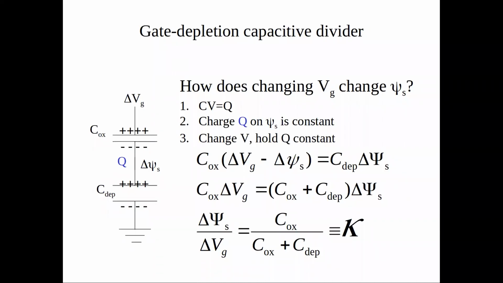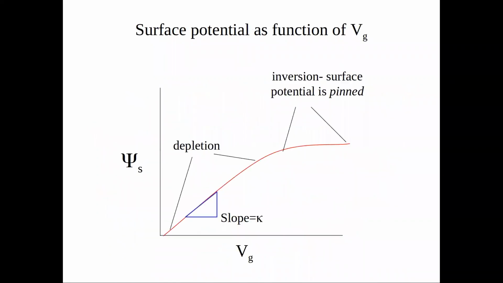And in practice, this kappa has the effect of changing the slope of that curve that we plotted. Sorry, this is just graphically explaining: kappa is the relationship between the gate voltage and the surface potential. Let me go straight to the plot.